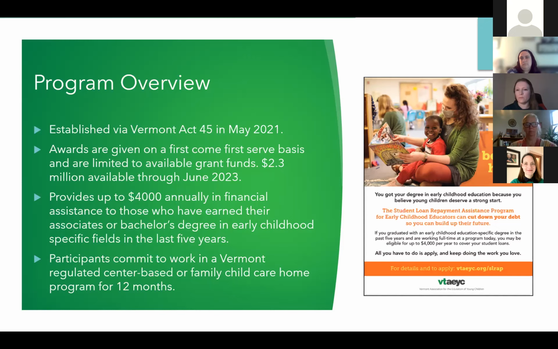And there'll be more on how we track that later. But that's really it in a nutshell. It's really to help defray the cost of your student loan payments or to help reduce your monthly loan debt. So it's and or both. We're hoping that it's able to provide assistance in both of those ways.